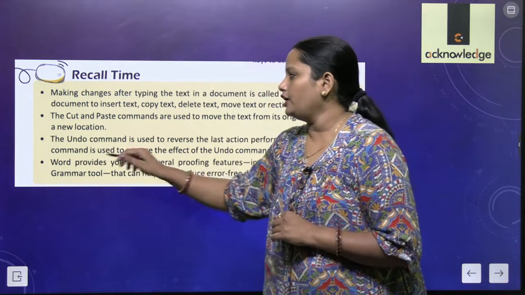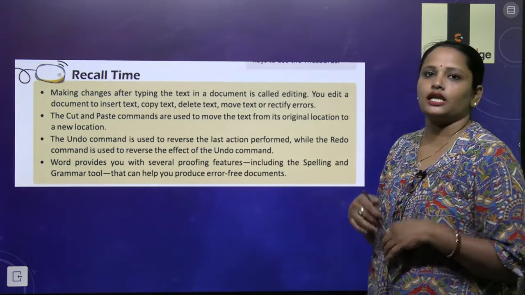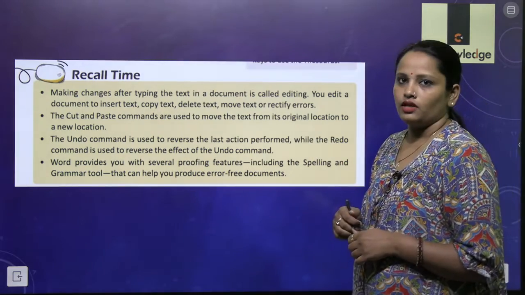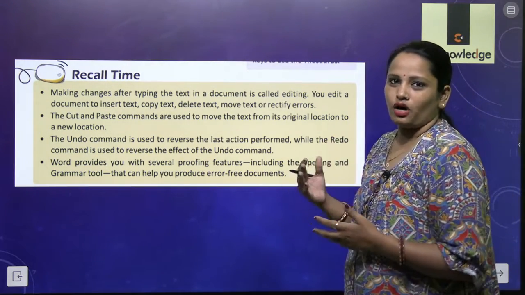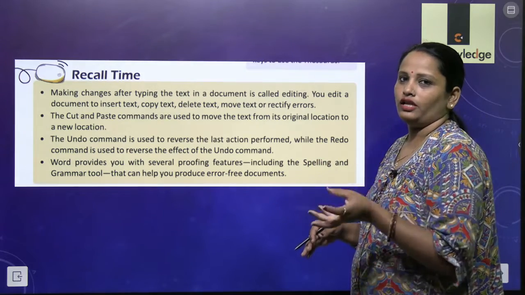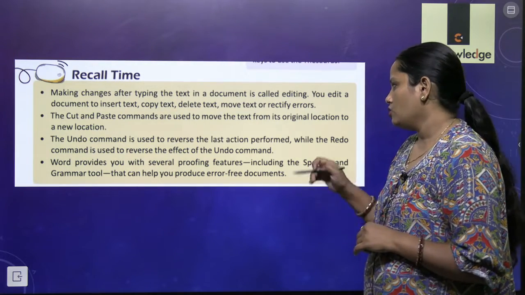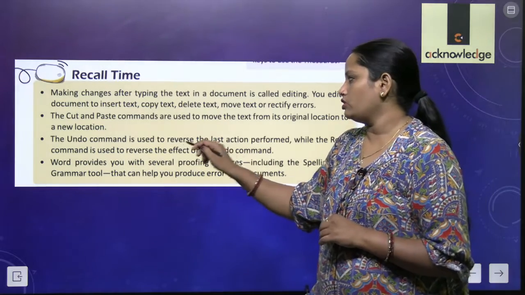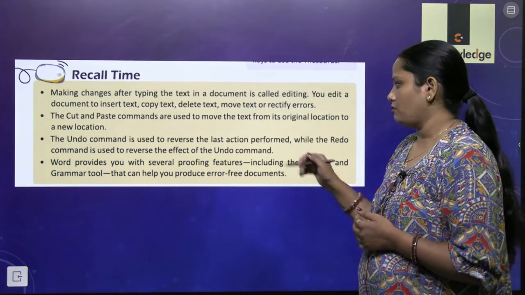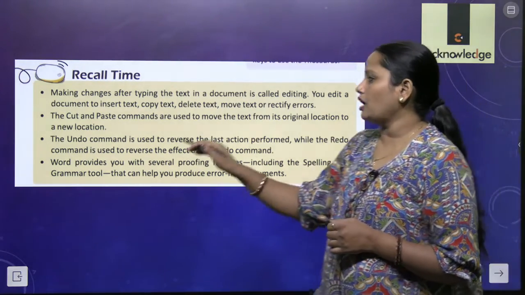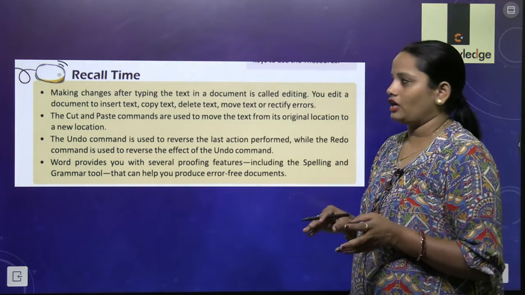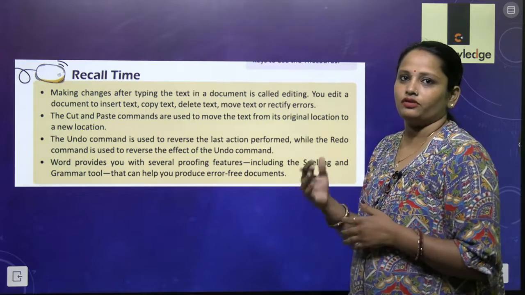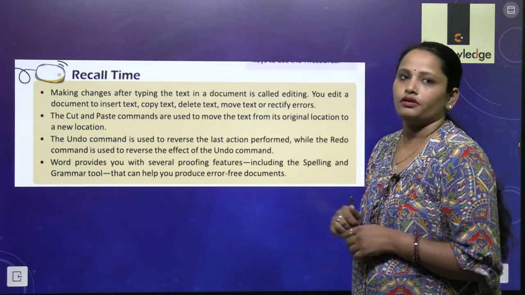Next, the undo command is used to reverse the last action performed. So if I have done something wrong, I can use the undo command and that thing will disappear. The redo command is used to reverse the effect of the undo command. So whatever we have reversed with the undo command will be restored by using the redo command.